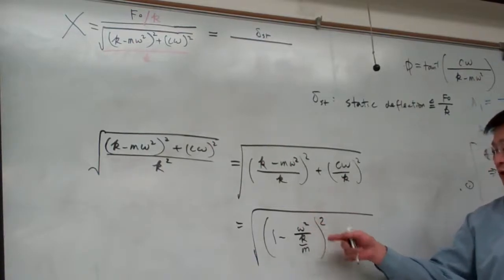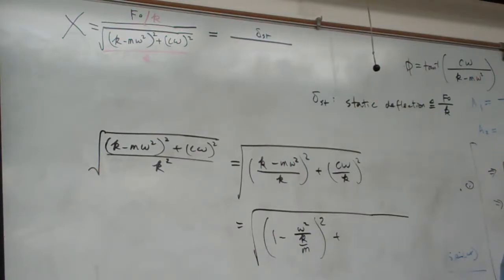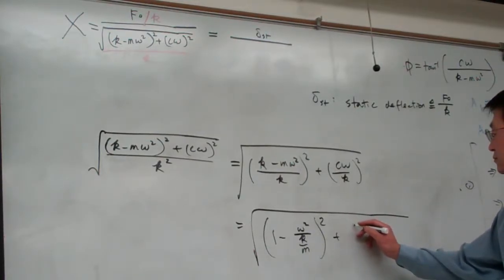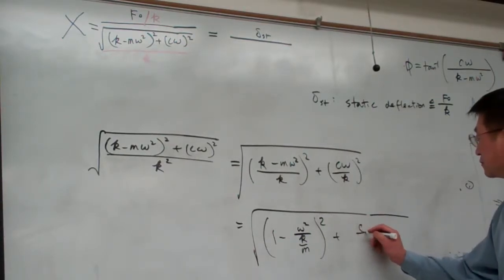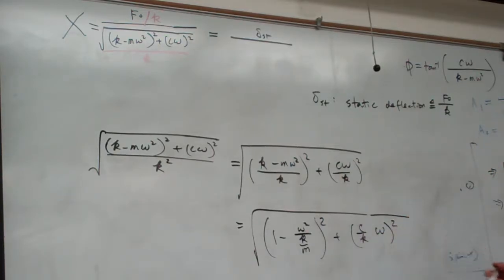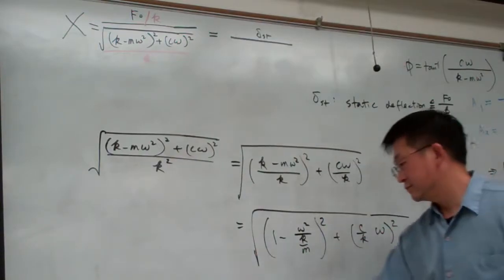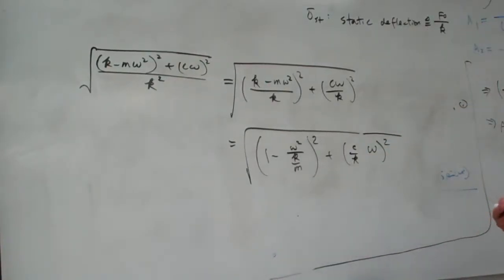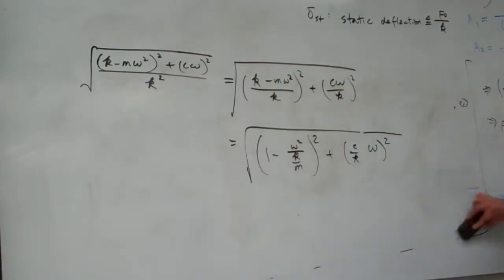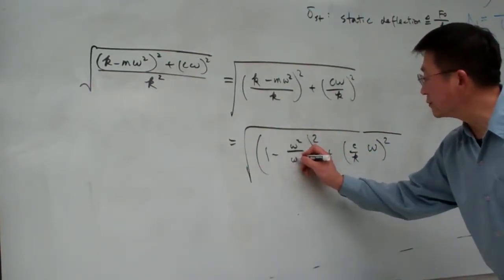The second term I arrange like this, and I keep that one here. So k over m is our omega n squared.